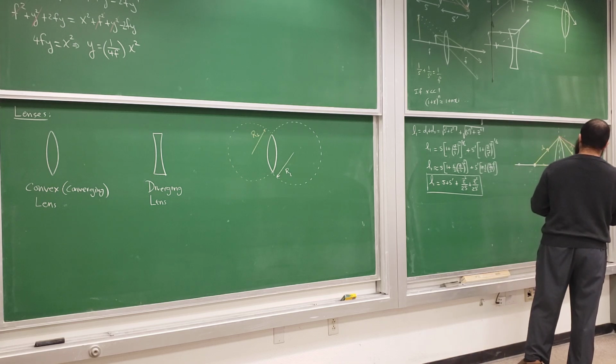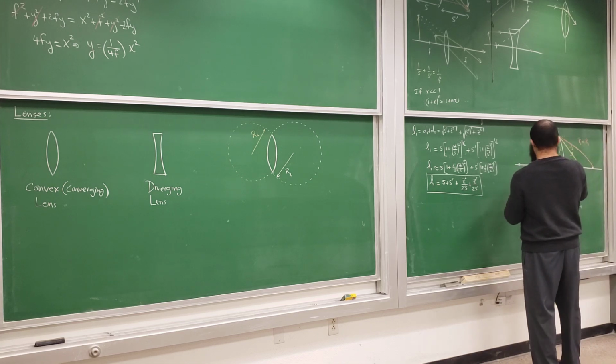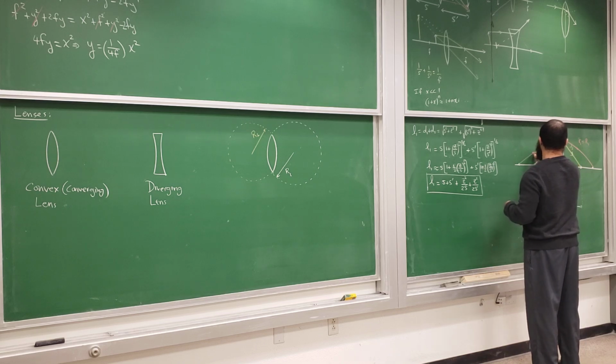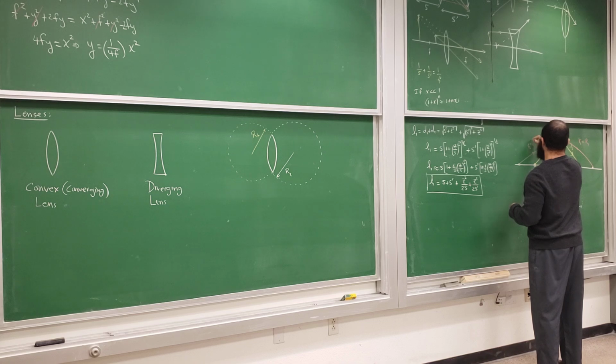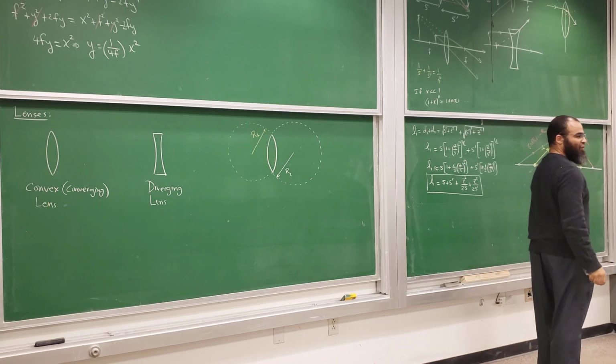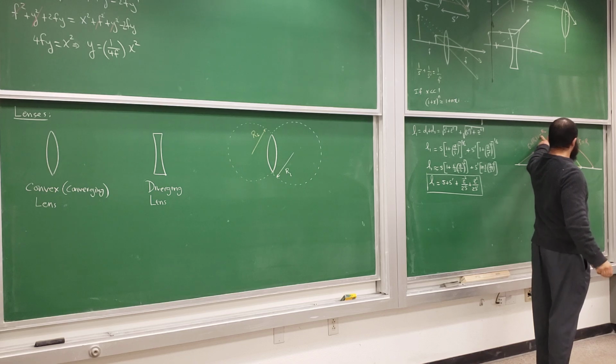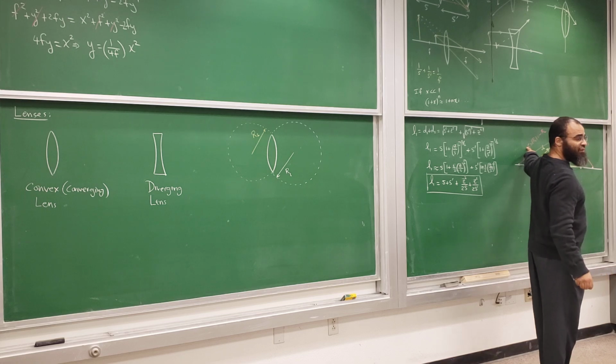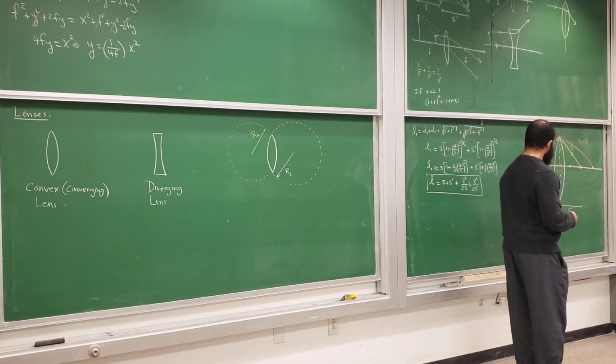So R1 is positive, and R2, I'm going to write here, the absolute value of R2 is equal to negative R2. Because R2 itself is negative, minus minus becomes a plus. So it's a positive number. It's just a distance.